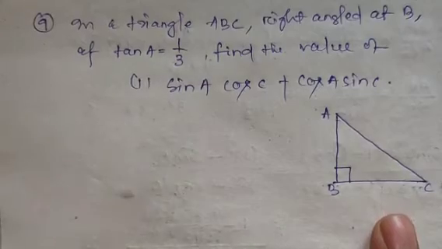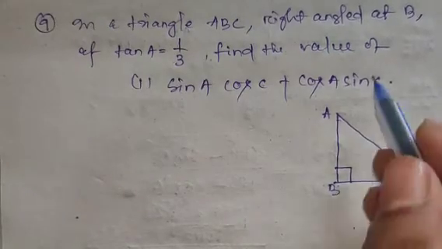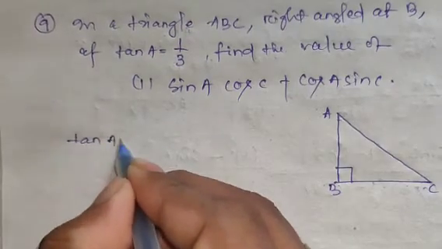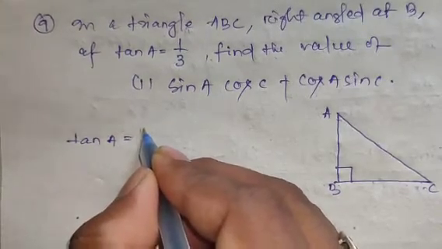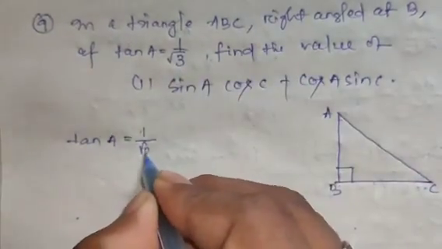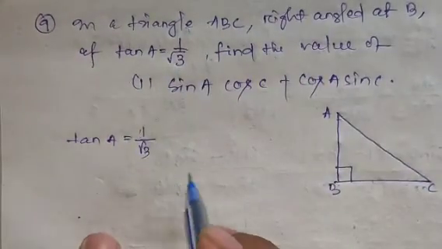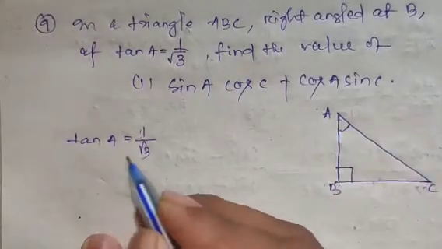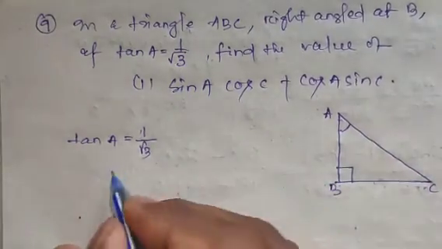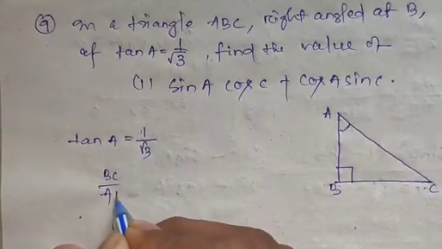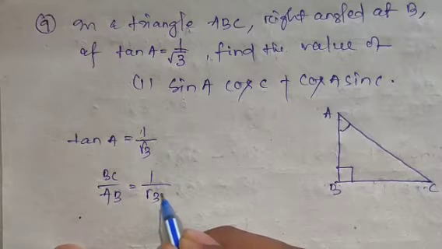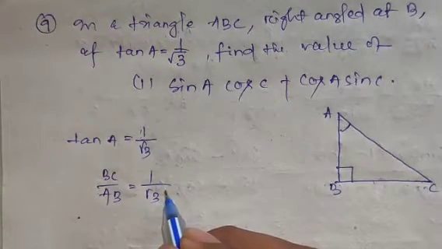So here given that tan A, here we are considering the angle A. Tan A is equal to 1 by root 3. For this angle, tan A is P by B, that is BC by AB. BC by AB is equal to 1 by root 3, right?